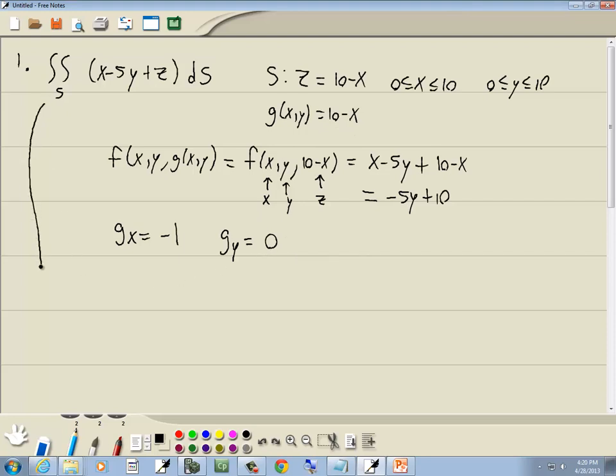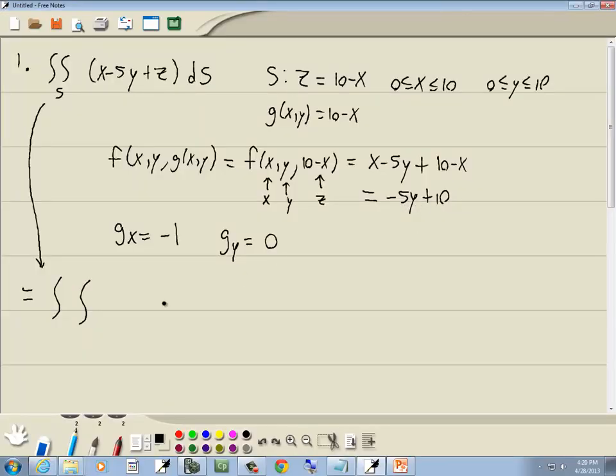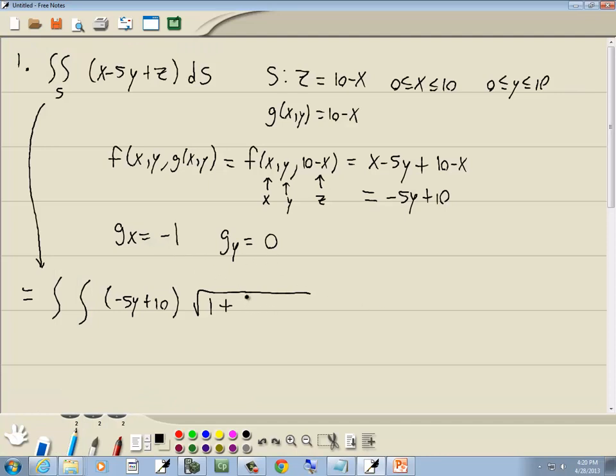So this right here now becomes, put that in our function, which is negative 5y plus 10, and the square root of 1 plus the partial of g with respect to x squared, that was negative 1 squared, plus the partial with respect to y squared, like that.